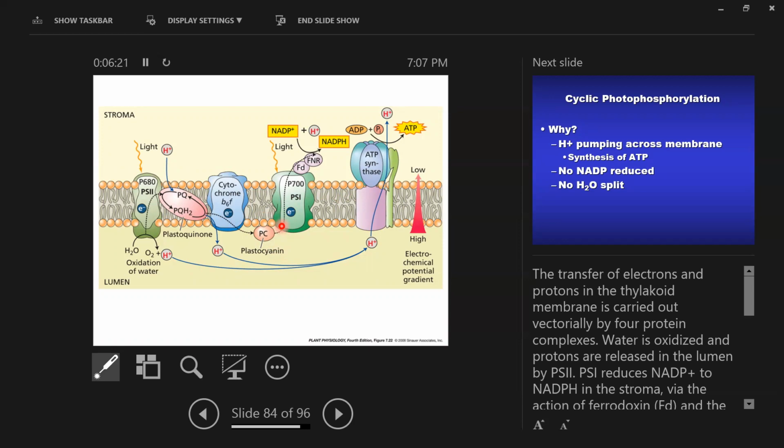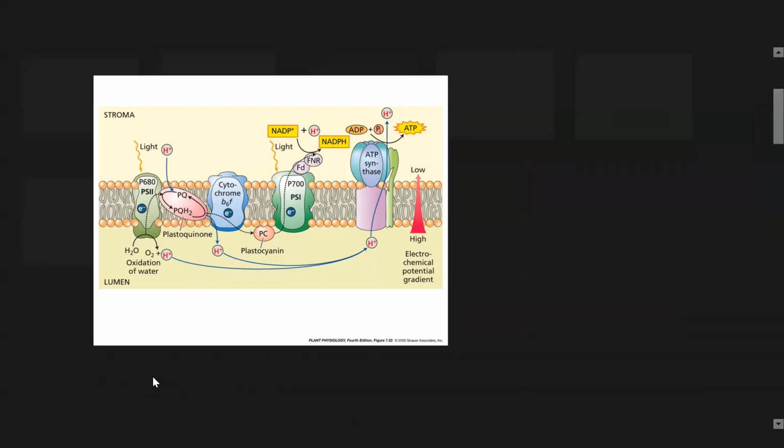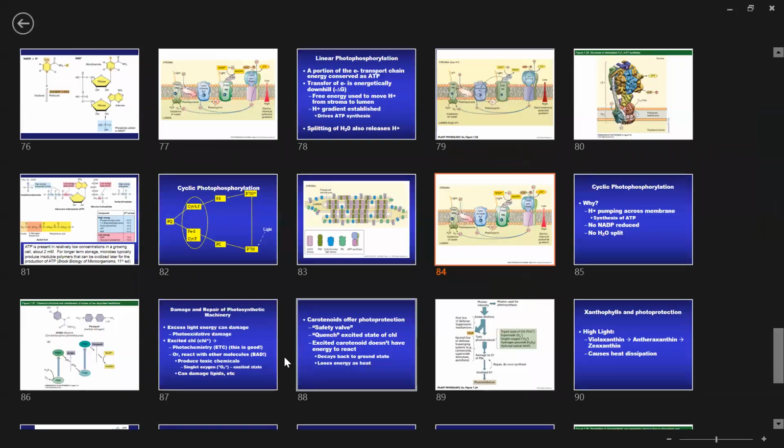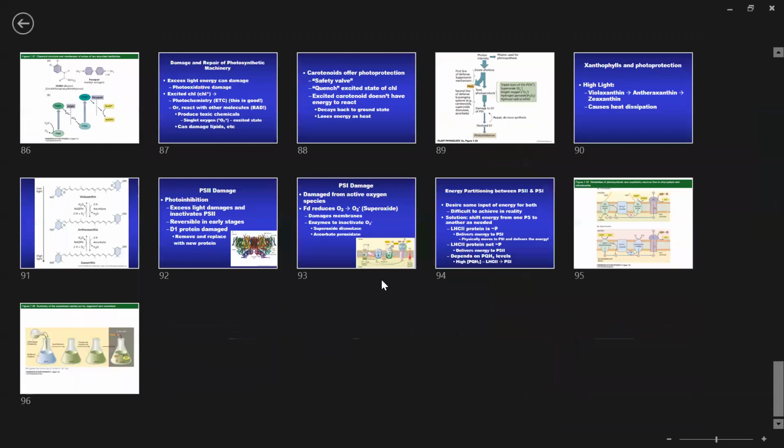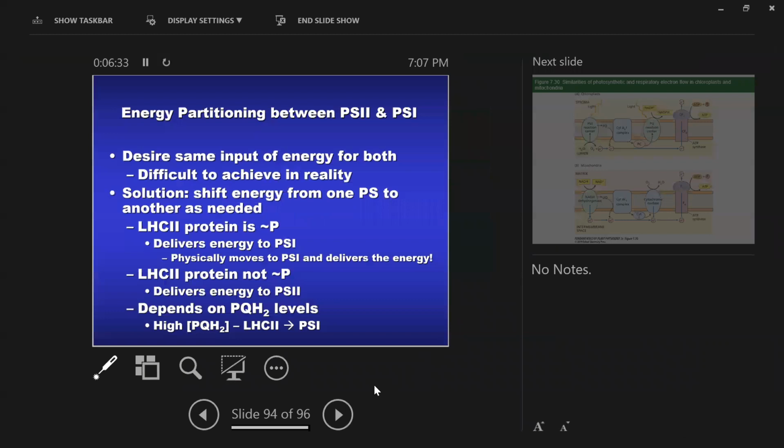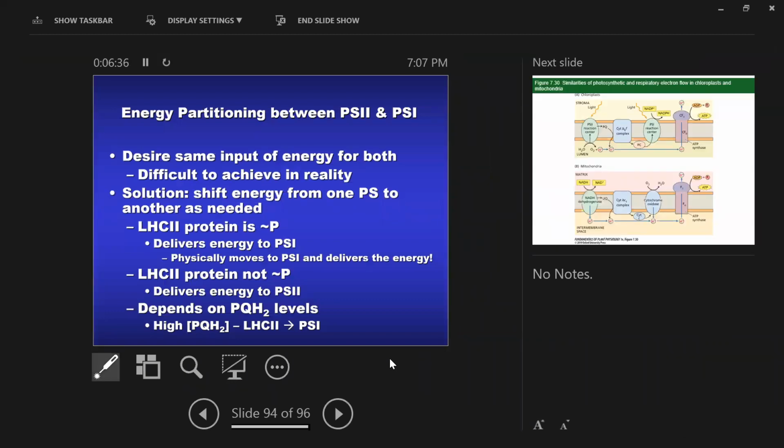So the PQH2 levels start to build up, build up, build up. And that's the signal. Oh, okay, then we need to get more light energy over to photosystem 1.